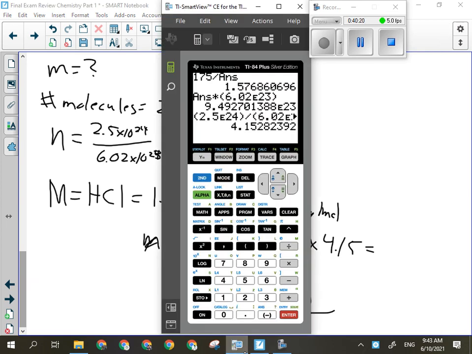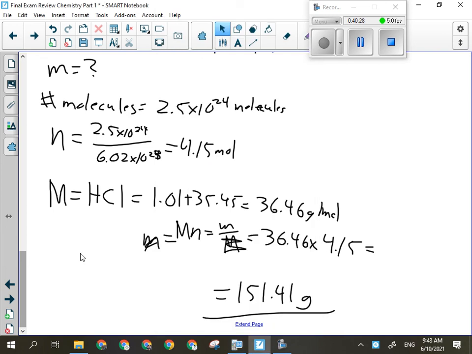So that would be the toughest one, because it would have the most steps. So we'd be looking at 151.41 grams for our final answer. Any questions on that? Everybody good with that? Okay.